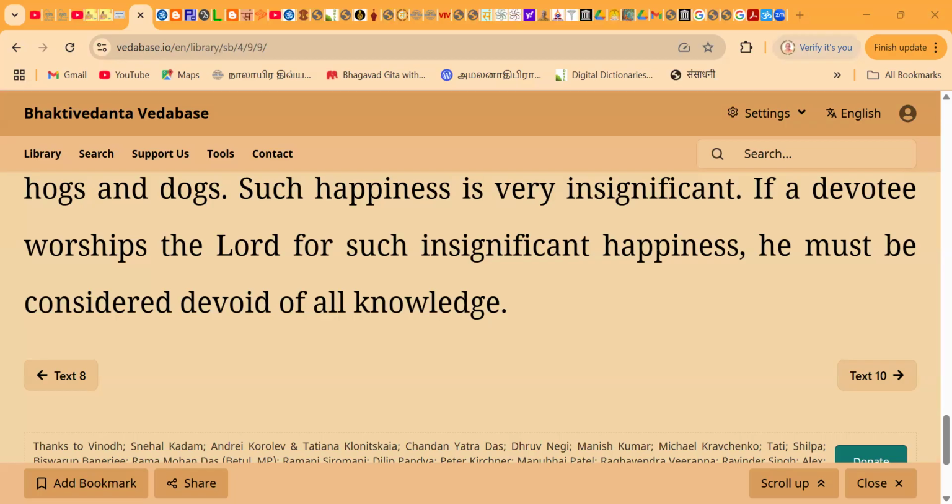Therefore, since the satisfaction that each one derives from cherished food is the same, ridiculing one of them is no neutrality. So that is why this verse says nirayepi nrinam. The material sense gratification, the same quality is available even in the lower species.